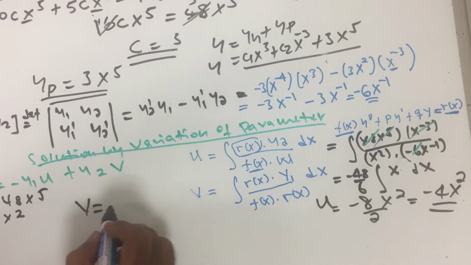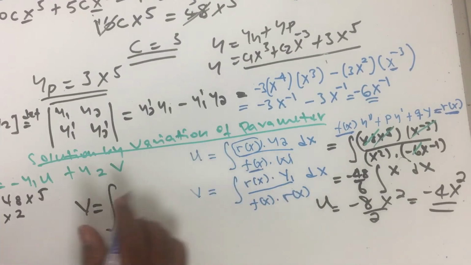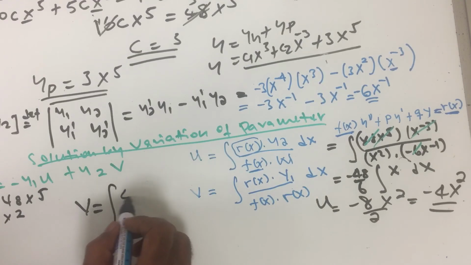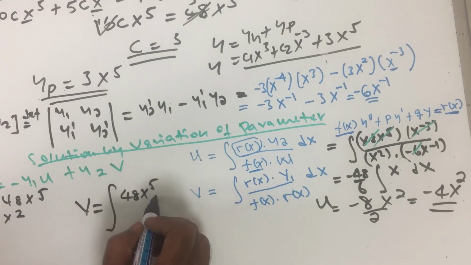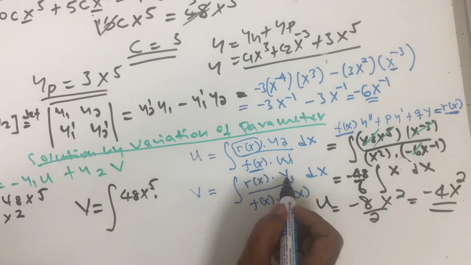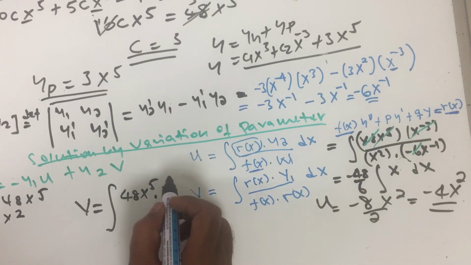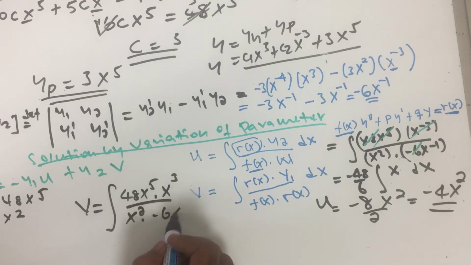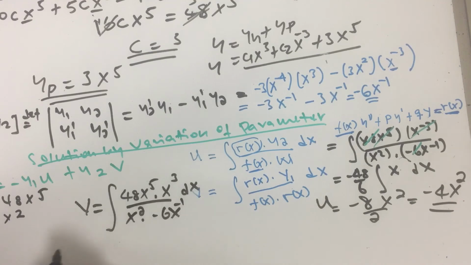How about v? Our v will be integration, nothing will change, just y1 will change, so it will be 48 x to the power of 5 times y1, which is x to the power of 3, over f of x, which is x squared, times the Wronskian, which is minus 6 x to the power of minus 1, with respect to x.